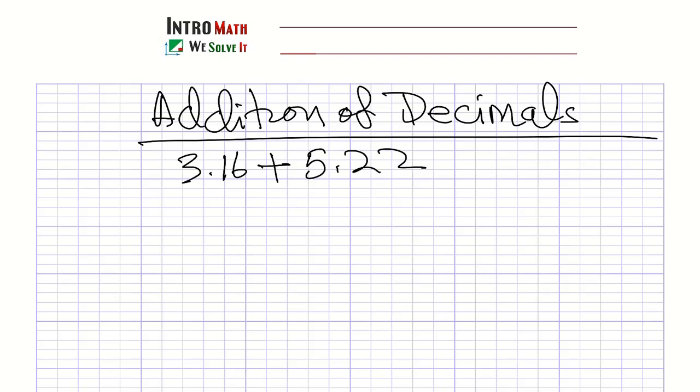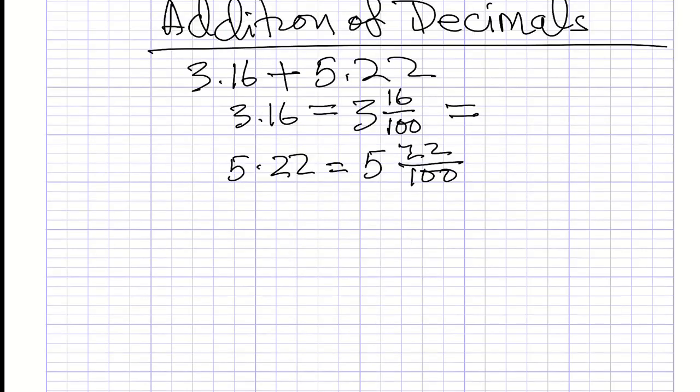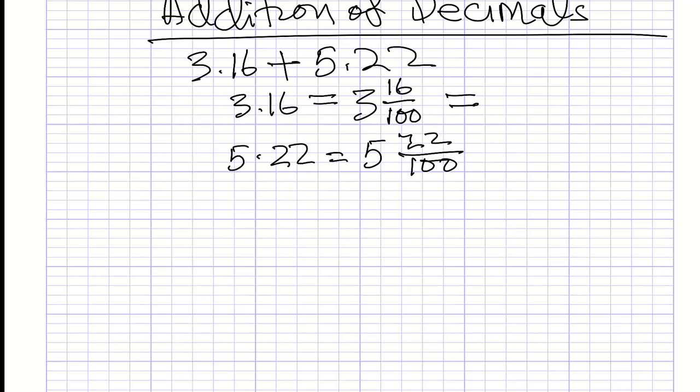Notice we dealt with something like this before when we did fractions. 3.16 can be written as 316 over 100, there are two zeros there, and 5.22 can be written as 522 over 100. So to add these two decimals, you can proceed as we did with fractions.